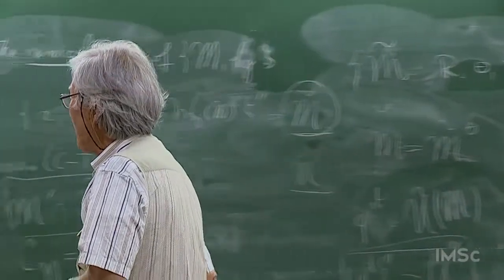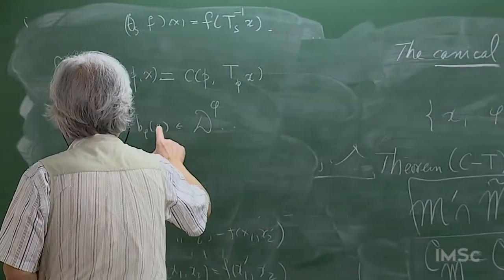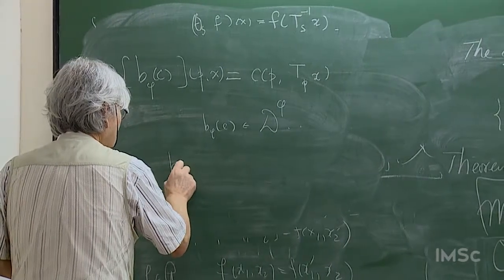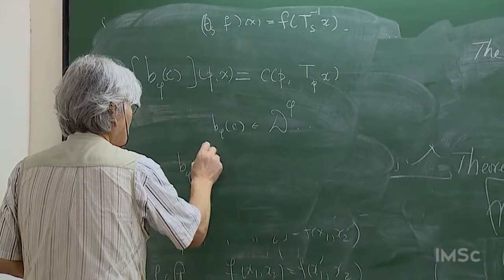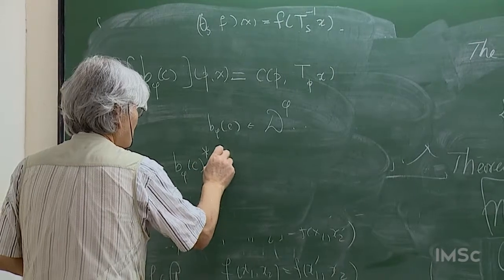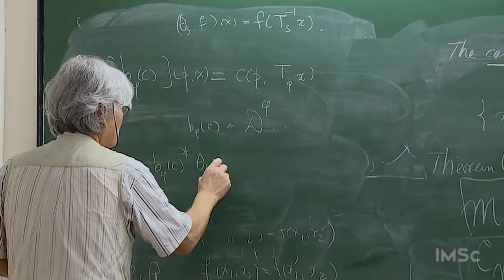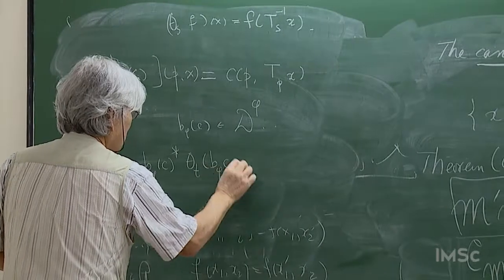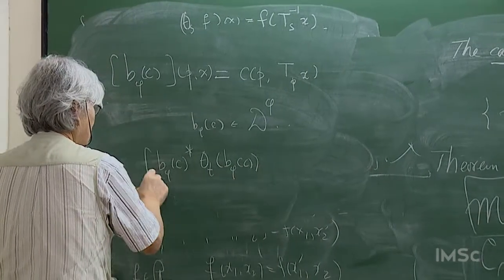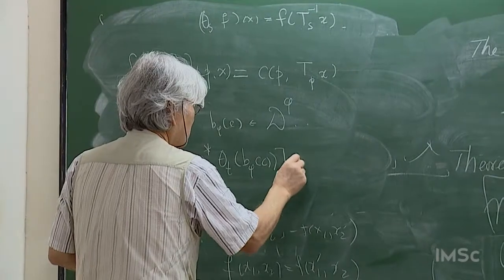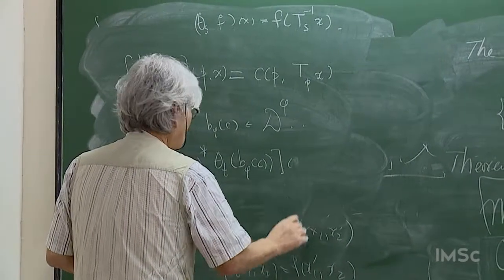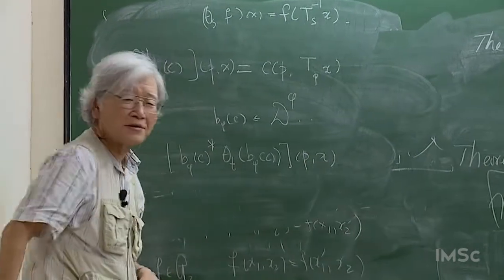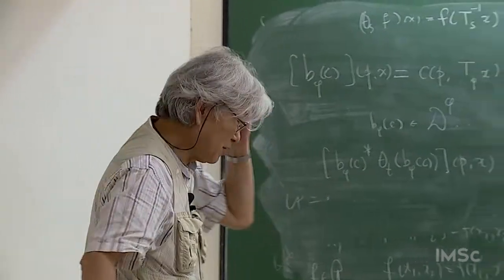Now let's coboundary it. So B phi of C adjoint times theta sub T of B phi of C, evaluated at P x. P is a real number.